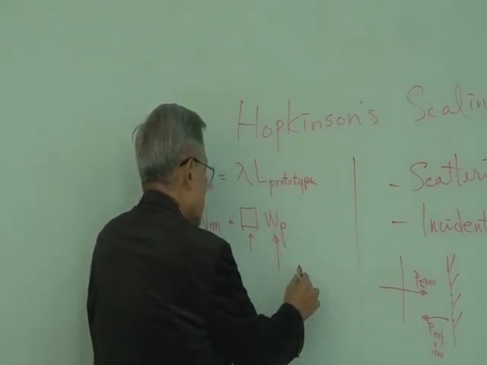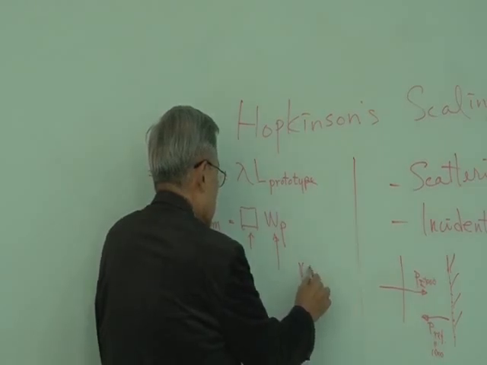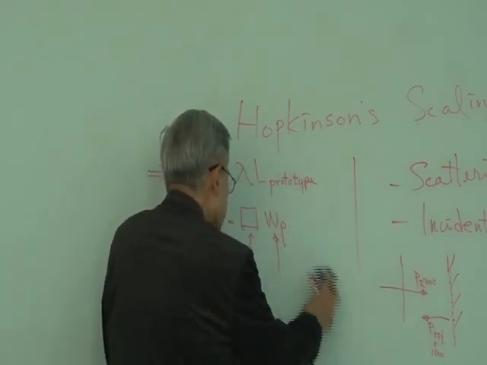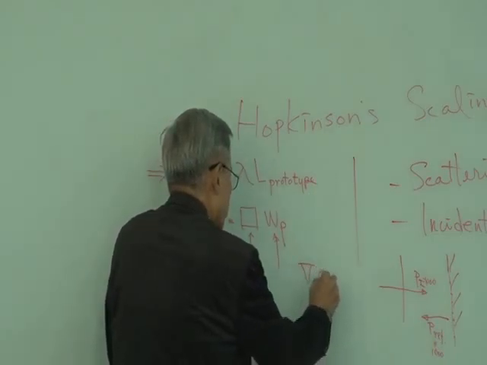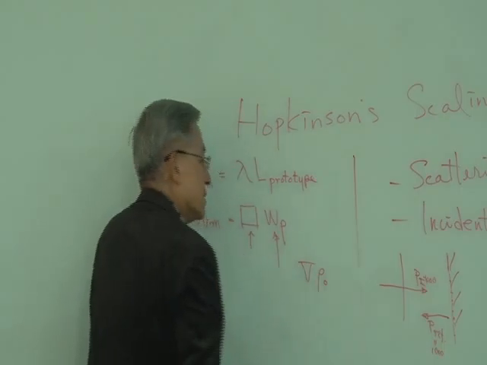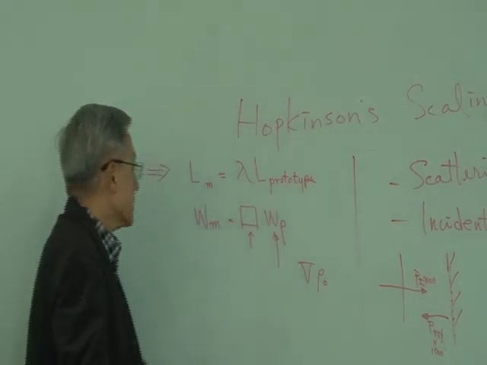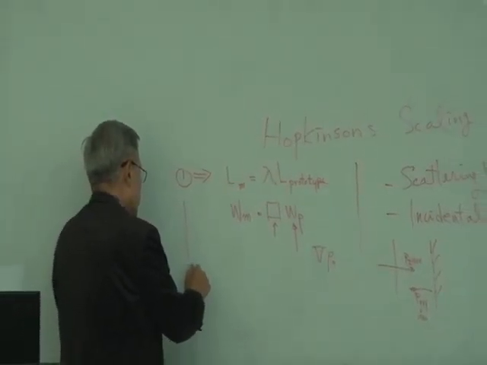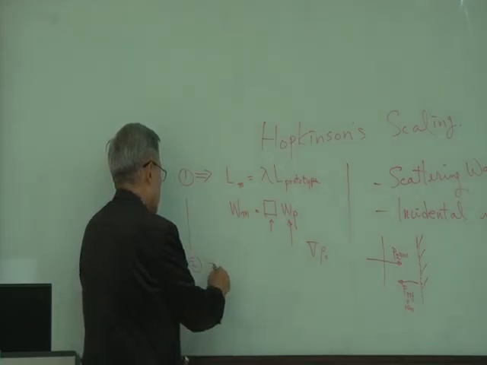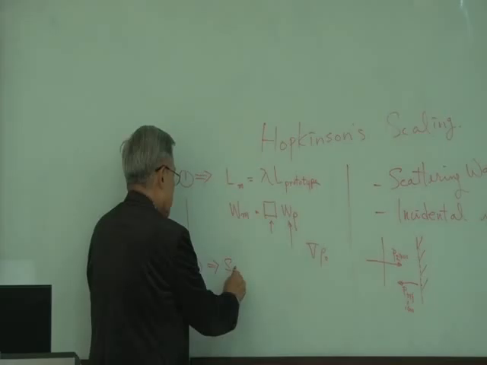What's the unit of the mass? Mass is volume times what? Mass density, right? Volume times mass density. Mass density is a constant. This is one assumption. I'm not going to give you a full lecture on the Hopkinsons.